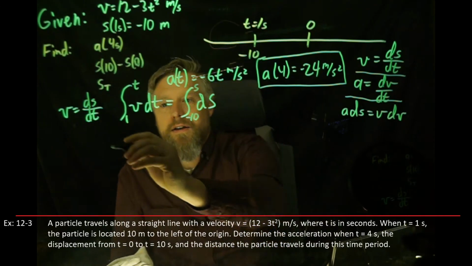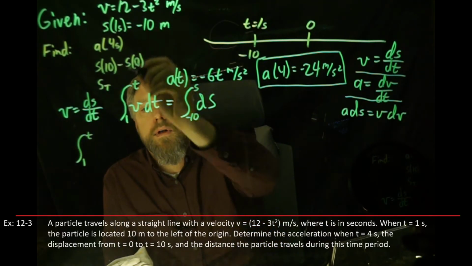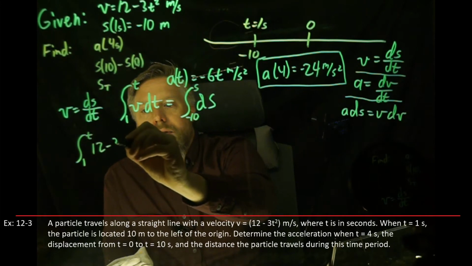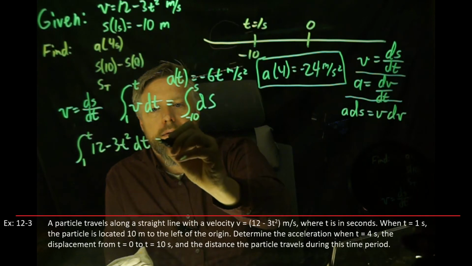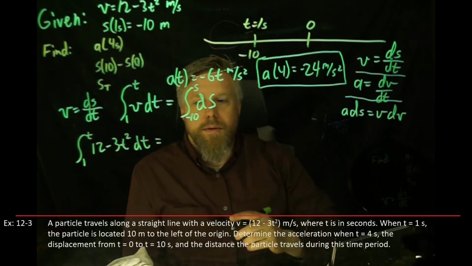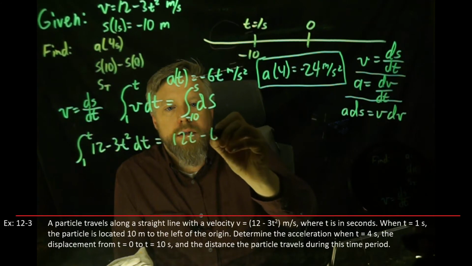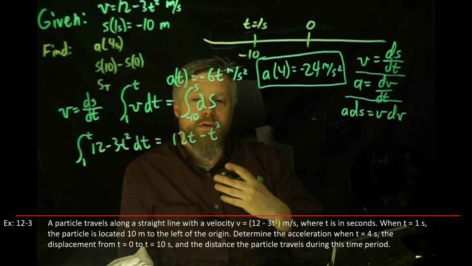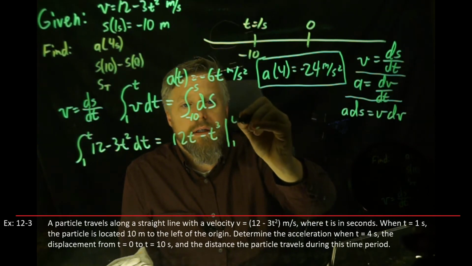Left-hand side, the integral from 1 to t of 12 minus 3t squared dt. That's going to be equal to, let's perform integration, 12t minus t cubed. Now I have to remember my limits of integration from 1 to t.